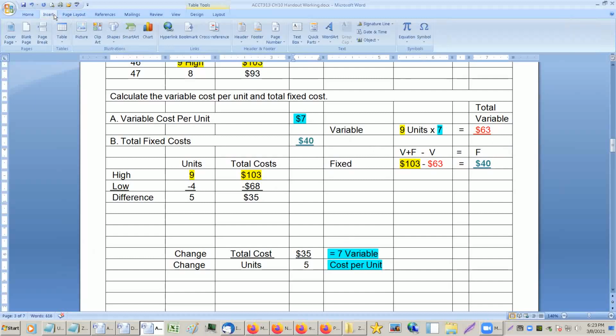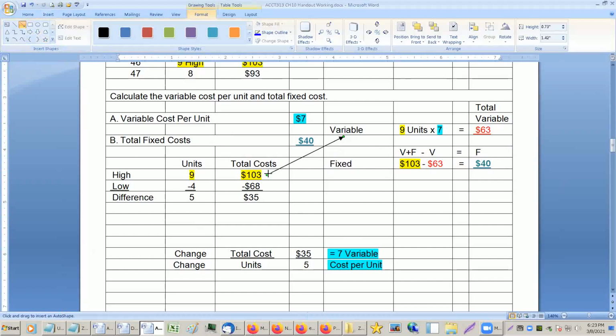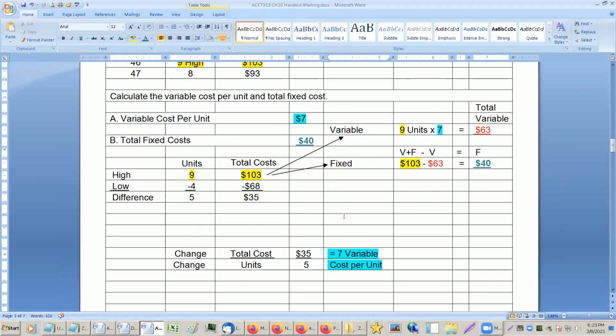So that 103, some of it's variable, some of it's fixed. So we figured out what was variable, and then the rest of it must be fixed.